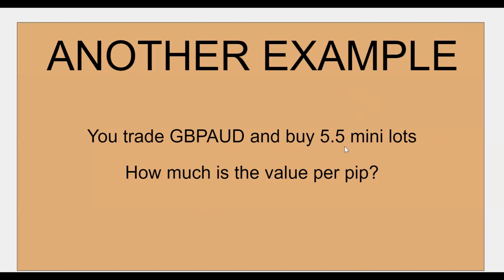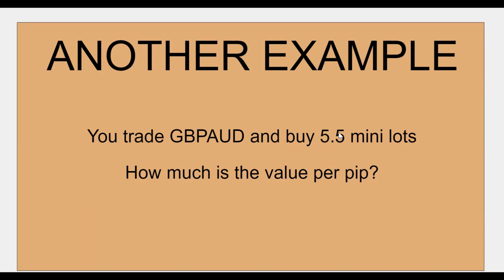This is 5.5 mini lots, which simply means 5 mini lot sizes and 5 micro lot sizes. That's why we have 5.5. And from the establishments, we already have that when it comes to mini lot size, 1 pip represents $1. So we have 5 lot sizes, so 5 times 1 will give us 5.